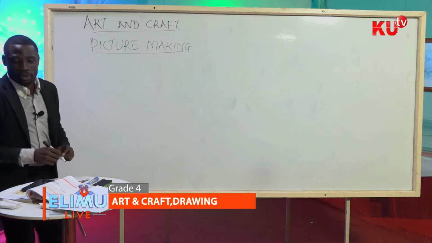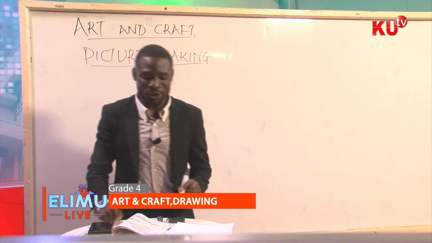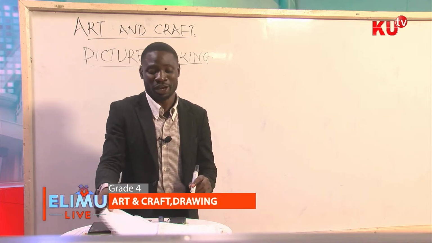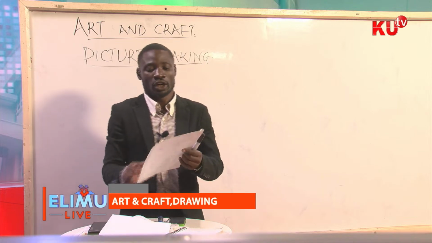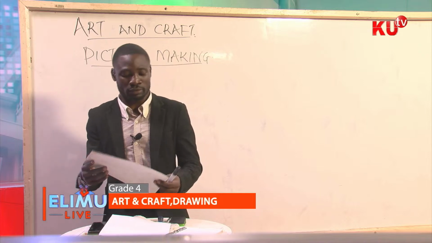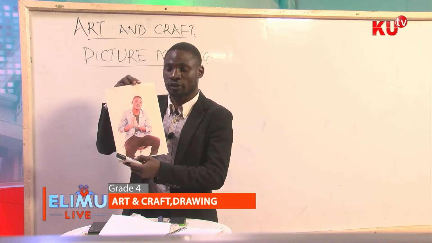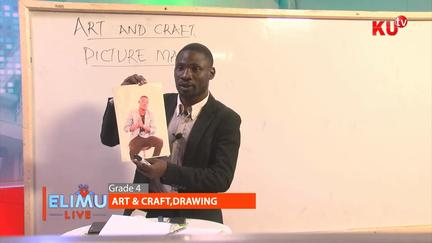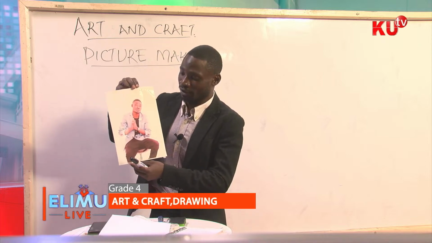Okay, when we talk about picture making, we all know what pictures are. And in case you don't know, I'm here to remind us. I want to show us some samples of pictures. This is a picture of somebody.